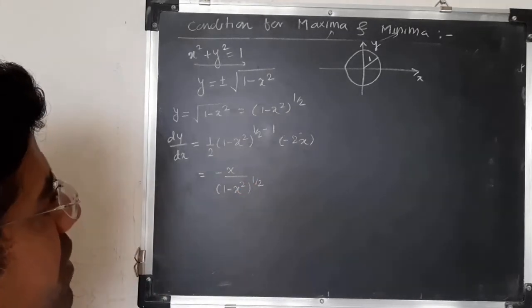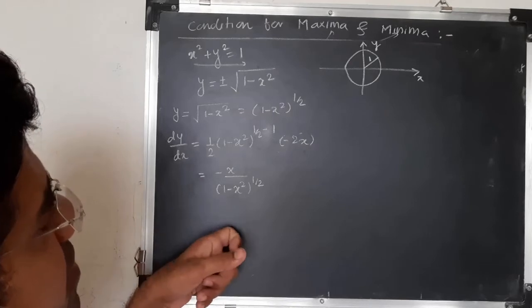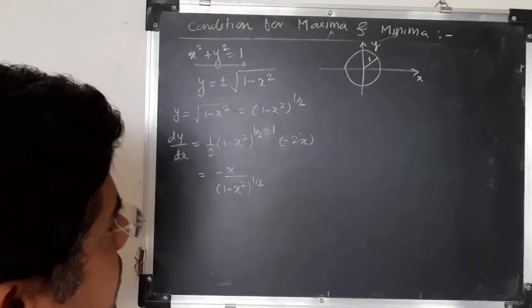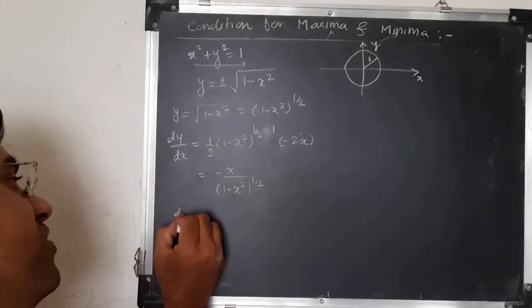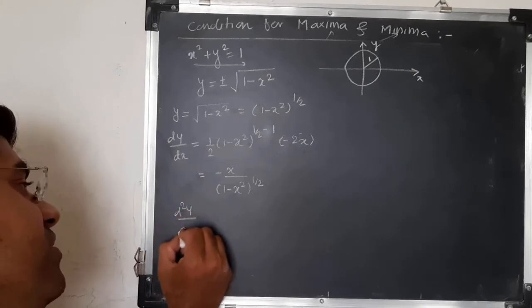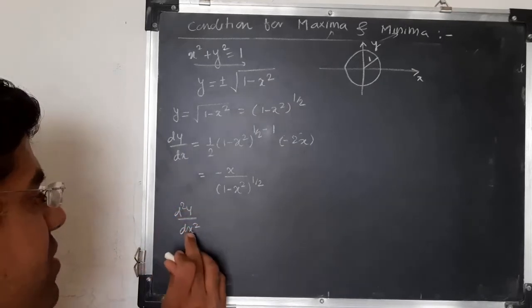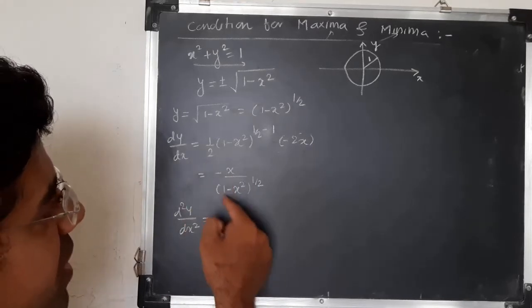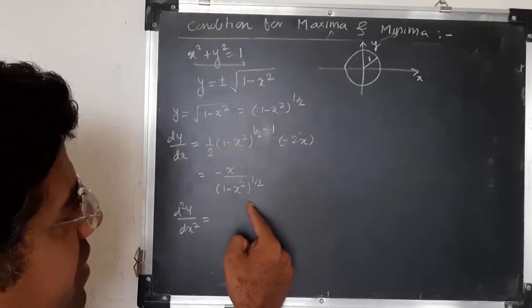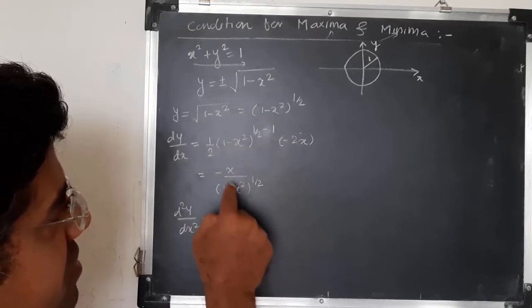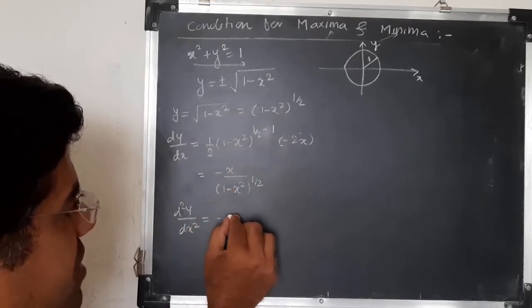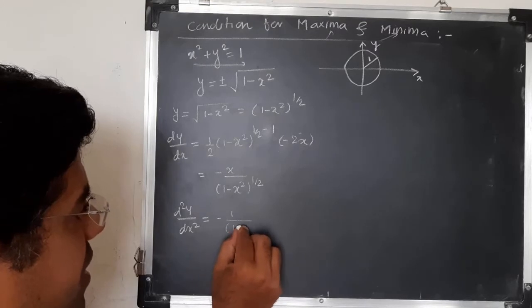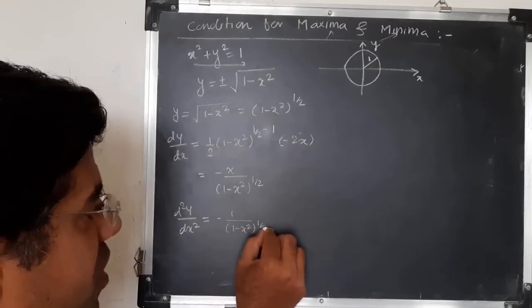Then I will go again to the second order, d2y by dx square. I will apply the chain rule over here, for two functions. The first is x, and the other is 1 over 1 minus x square raised to half.